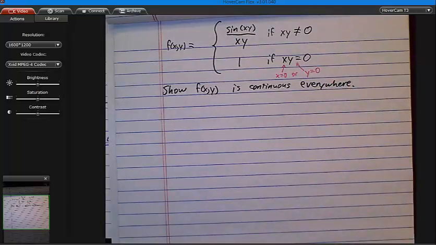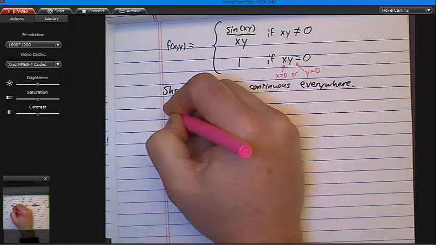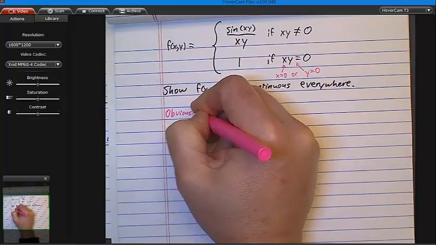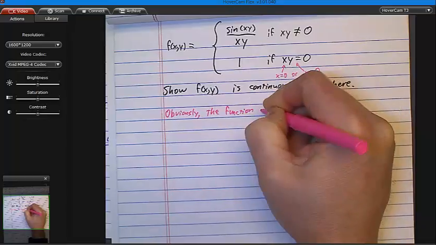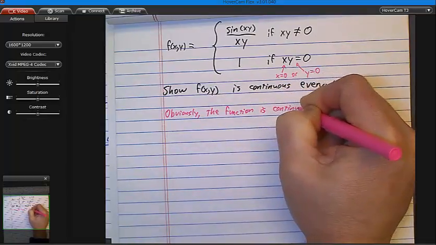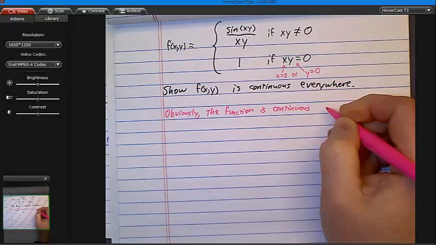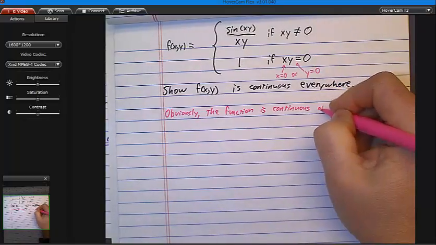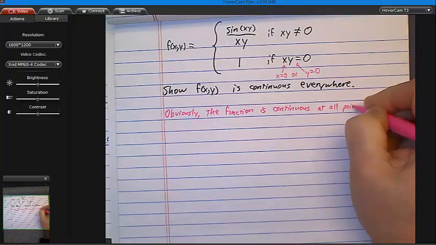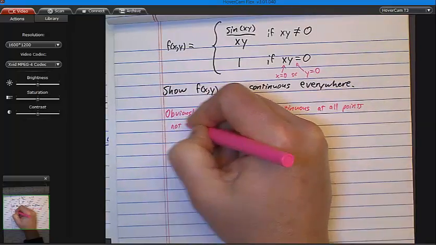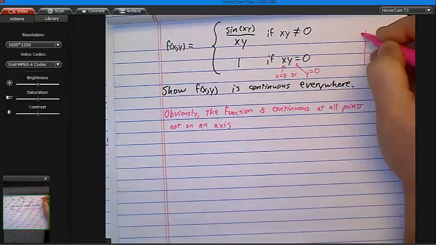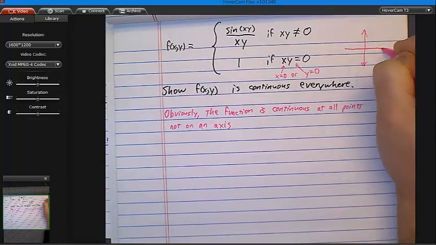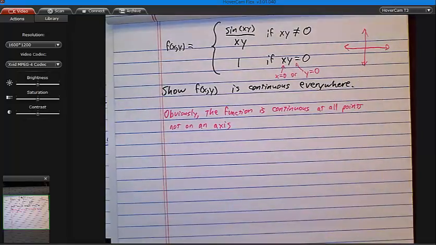So I guess what I would say is, obviously, the function is continuous at all points not on an axis. So my problem spots are either when x is 0 or y is 0 or both, right? That pink kind of shows you my problem spots that I have to worry about.